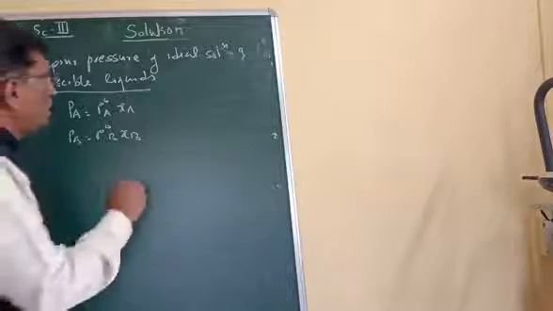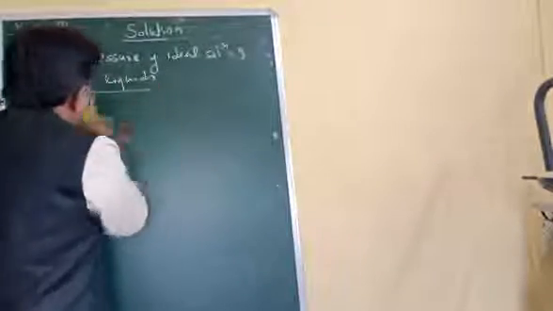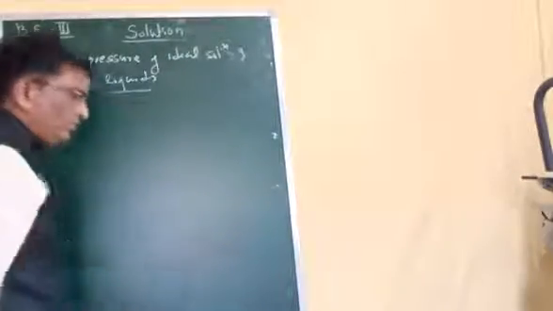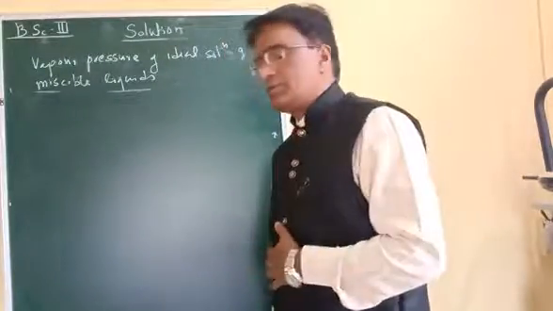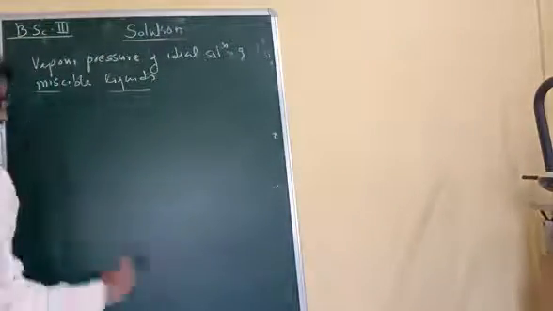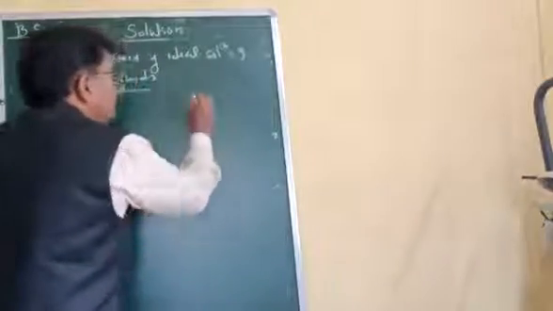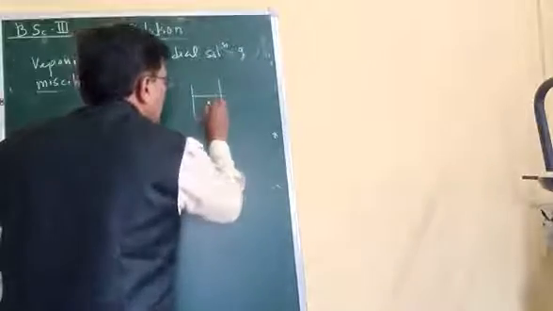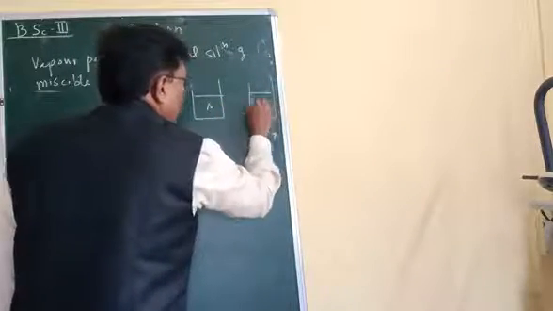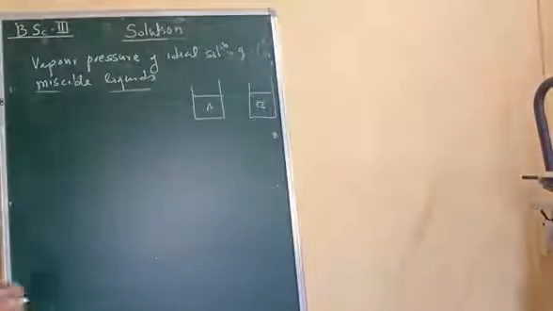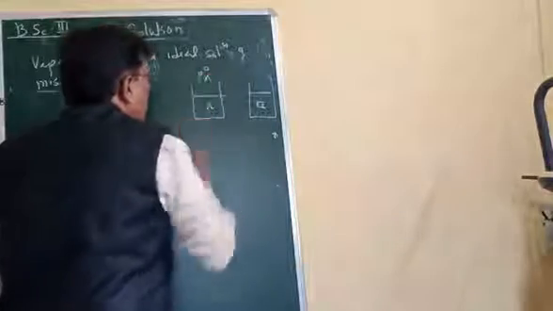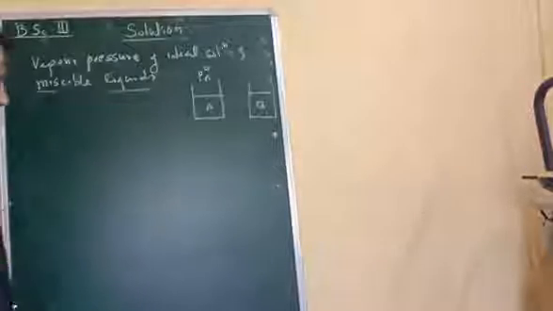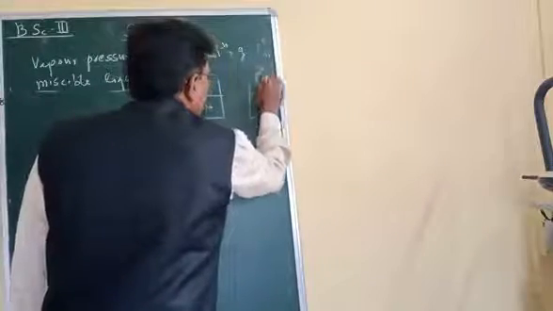Now if we want to draw the vapor pressure curves of these ideal solutions of miscible liquids, then first of all we have to consider the liquids, that is pure liquid A, pure liquid B. Here the vapor pressure of pure A is P0A and that of pure B is P0B.